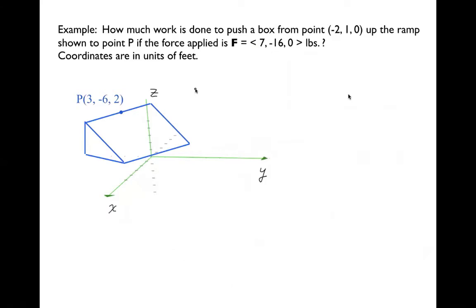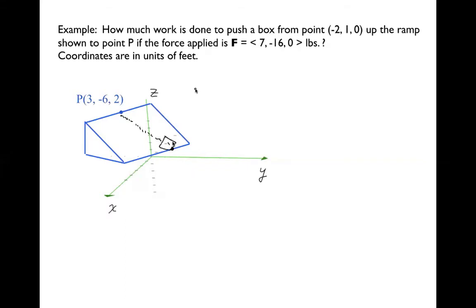Okay, so here's an example. How much work is done to push a box from the point -2, 1, 0? So x is -2, y is 1. So maybe that's like this point right here. And we're going to push that box from -2, 1, 0 up to this point by applying a force.